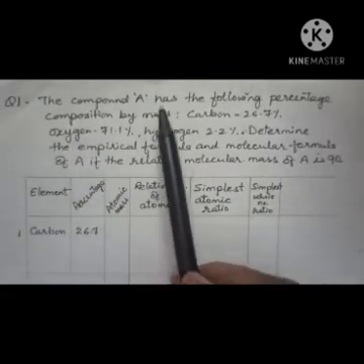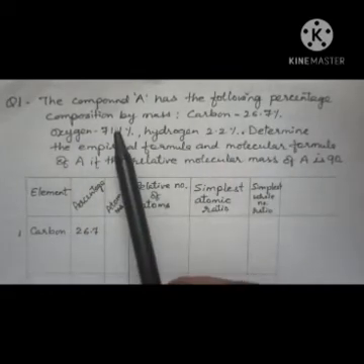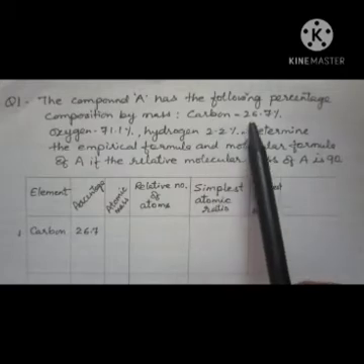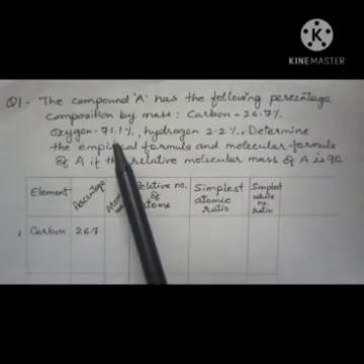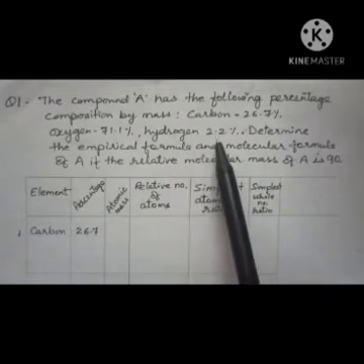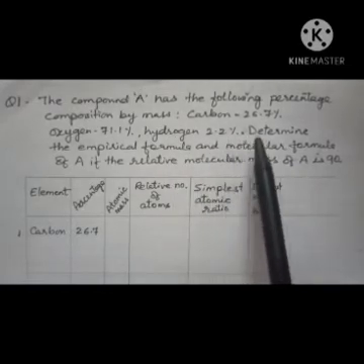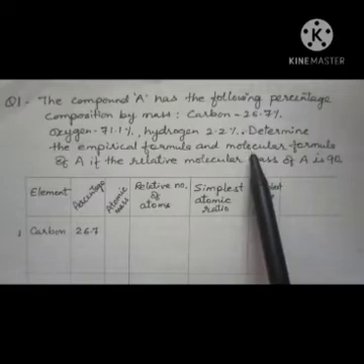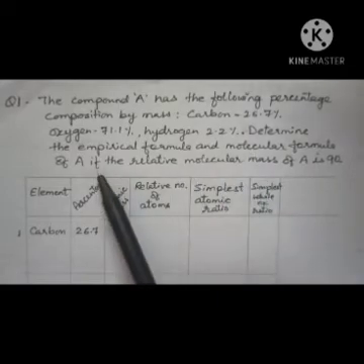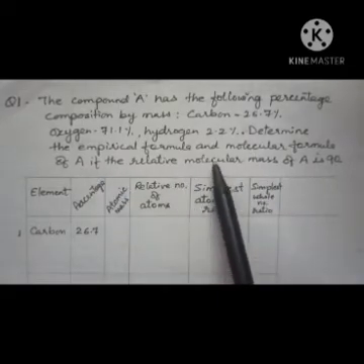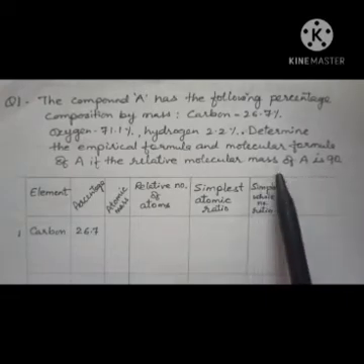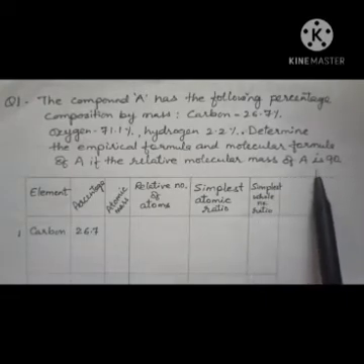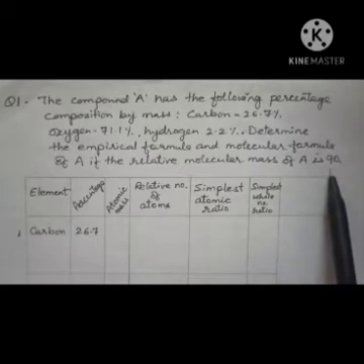The compound A has the following percentage composition by mass: carbon 26.7%, oxygen 71.1%, hydrogen 2.2%. Determine the empirical formula and molecular formula of compound A if the relative molecular mass of A is 90. Here the molecular mass is directly given as 90.